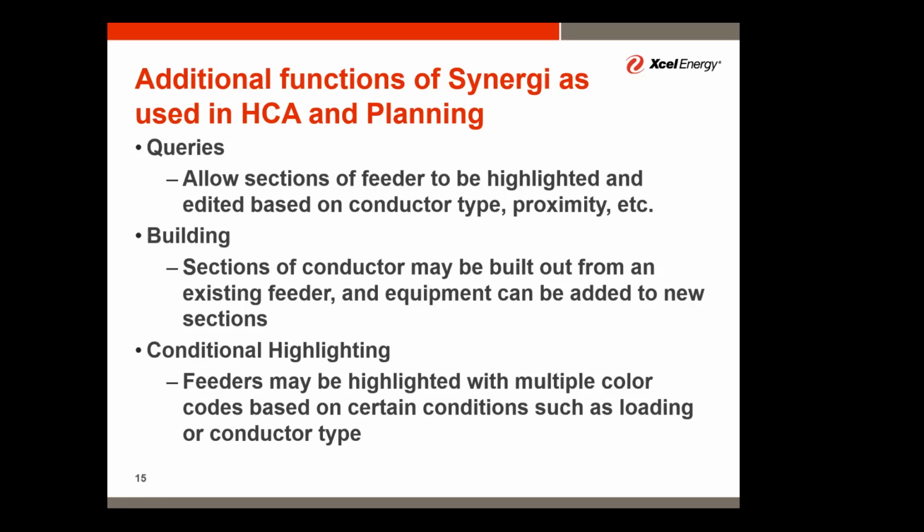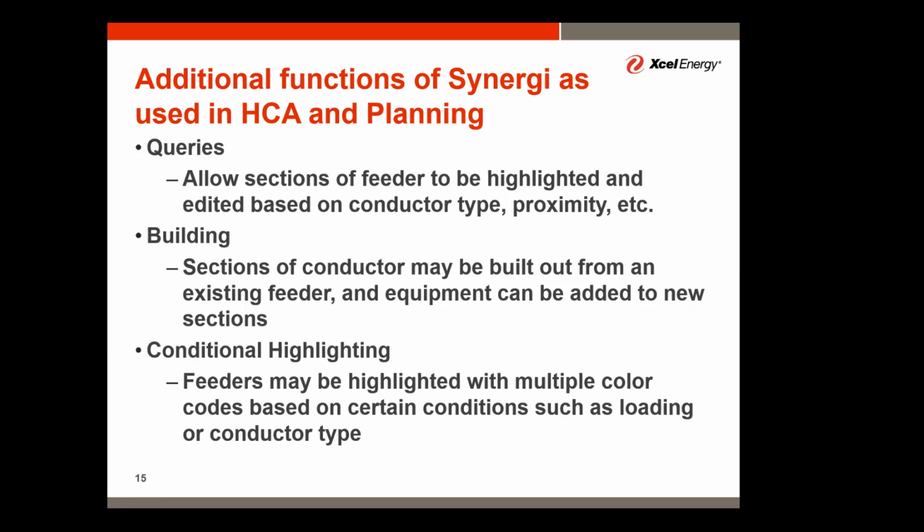Lastly, there is conditional highlighting, and this is heavily used in the quality assurance portion of the analysis. This highlighting can pinpoint things like loading or conductor type, as well as there's even a highlight for the exceptions from load flows.